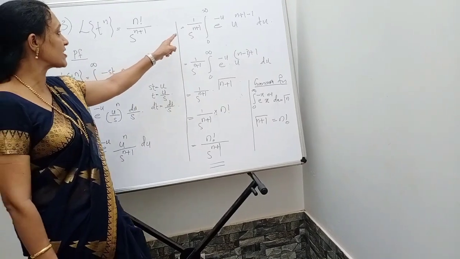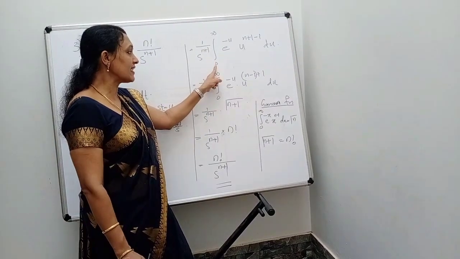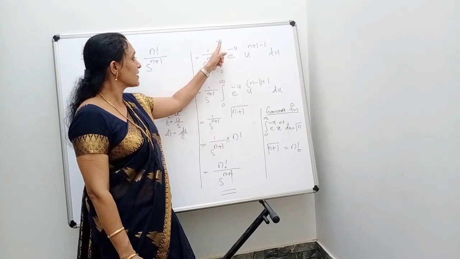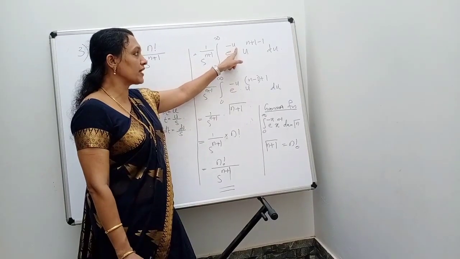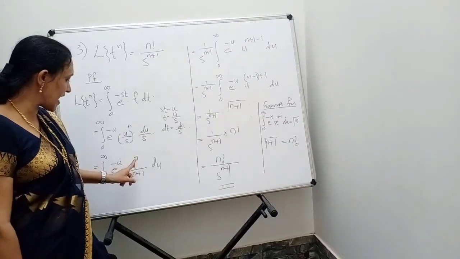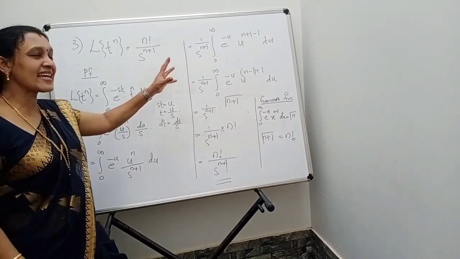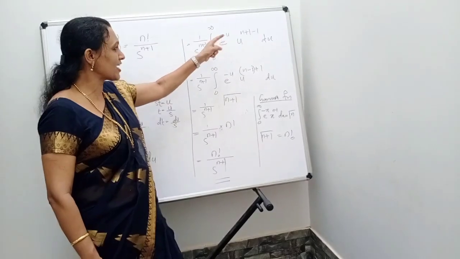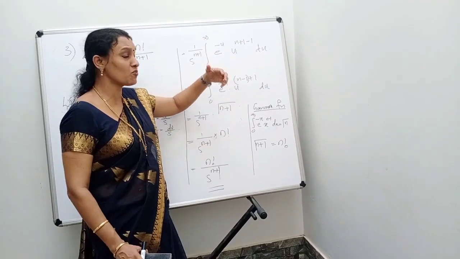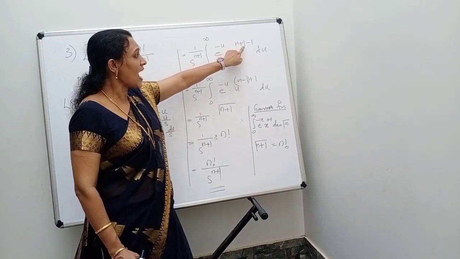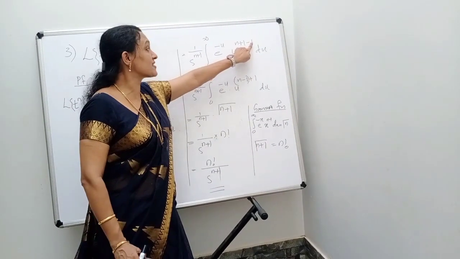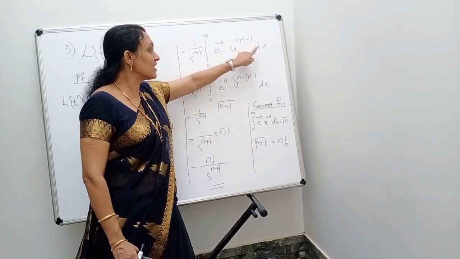So 1 by s raised to n plus 1 into integral 0 to infinity e raised to minus u into u raised to n. See, the remaining is u raised to n only. So I am just making some adjustment here, in order to get a particular type of function. What I made here is I added 1 and subtracted the same number into du.